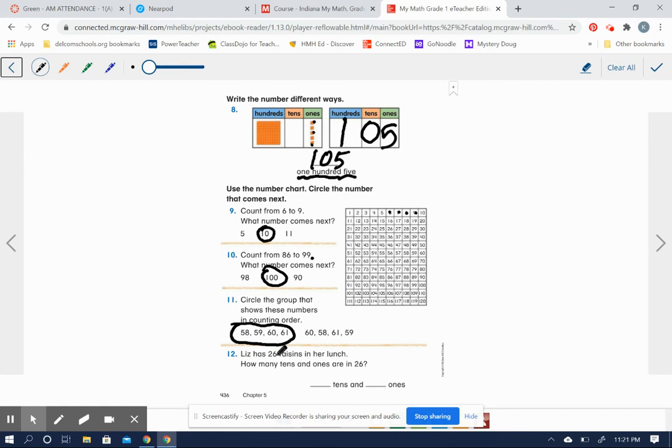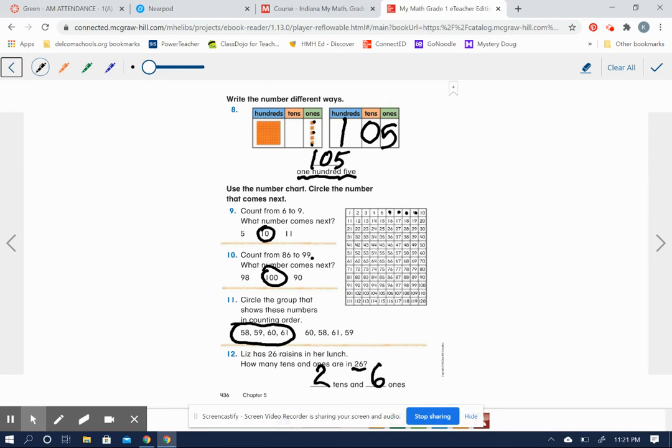Okay, and Liz has 26 raisins in her lunch. How many tens and how many ones are there in 26? Well, how many tens are there in 26? I hope you said 2. And how many ones in 26? I hope you said 6.